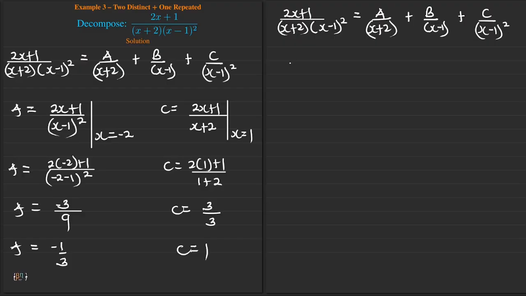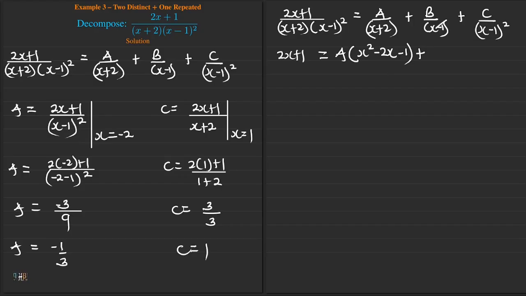So right from this point, we have to eliminate all our denominators. We clear them off so that we have 2x plus 1, which is equal to a into bracket, a takes out x plus 2, and we'll be left with x minus 1 all squared. At this stage, we know what that will give us, so let me write it as x squared minus 2x and then minus 1.